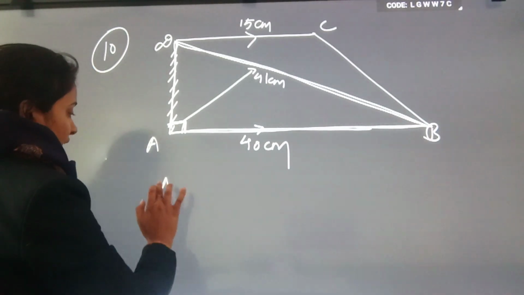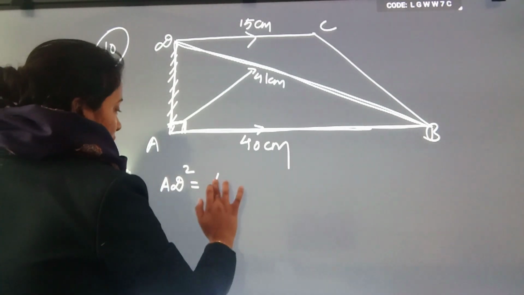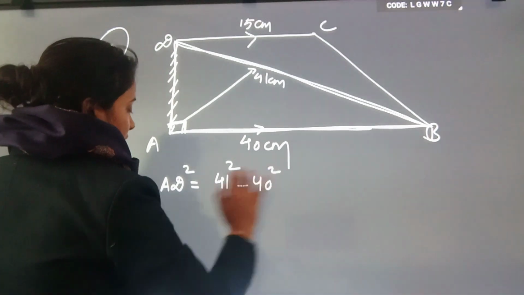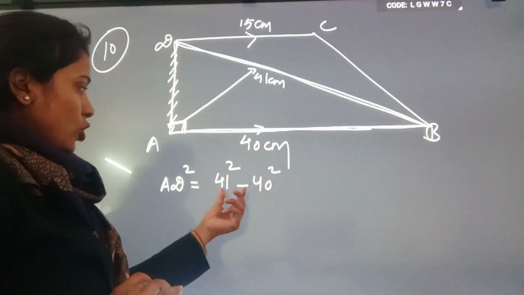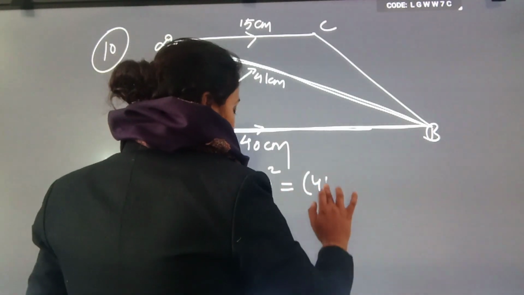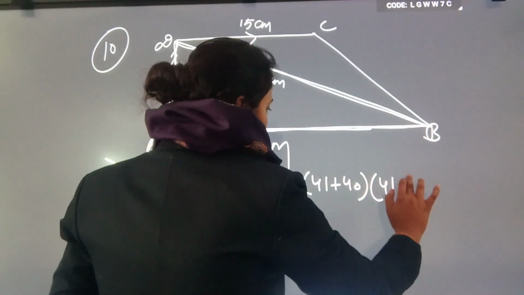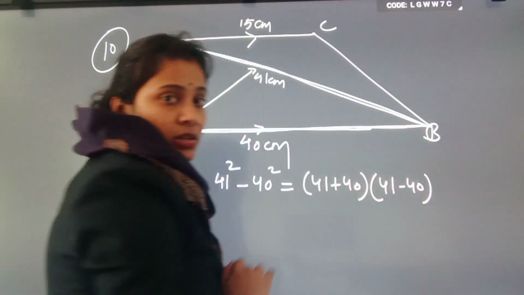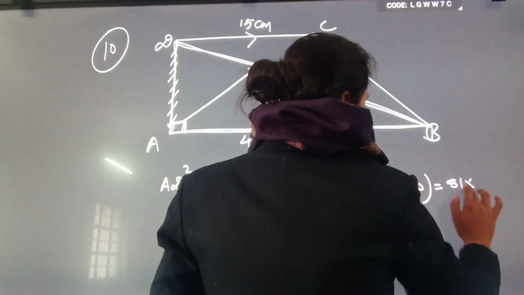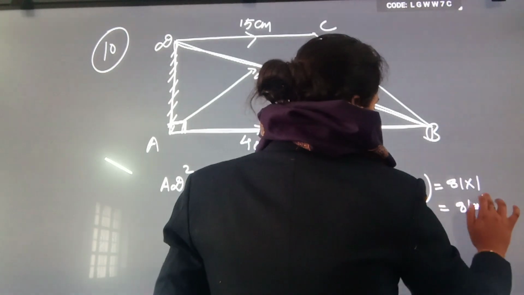So what will AD square be by using Pythagoras? AD square is equal to hypotenuse square minus base square. Now we can further solve it by using a square minus b square, that is a plus b and a minus b. So further, this will give you 81 into 1, that means 81 centimeter square.